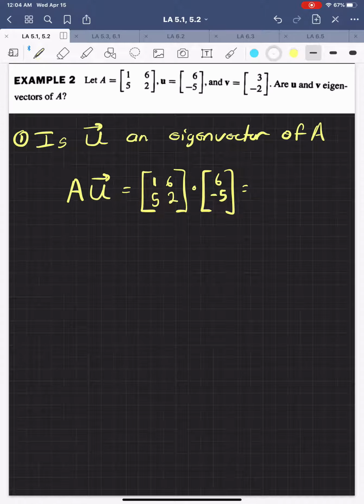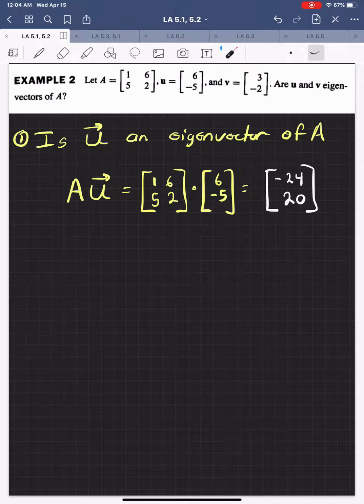And I'm going to go ahead and get us to the result of this multiplication. And we get negative 24, 20. Now, hold on. As of right now, we have enough information to be able to answer the question, is this vector an eigenvector?